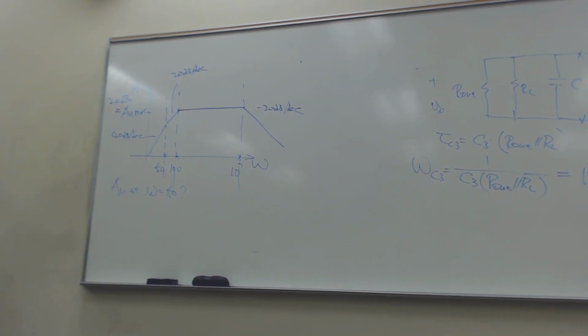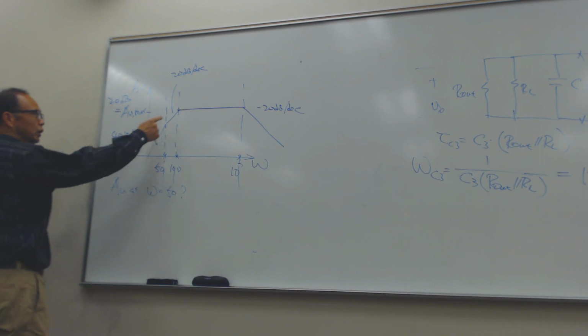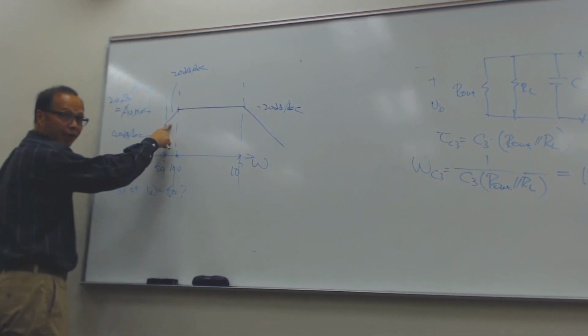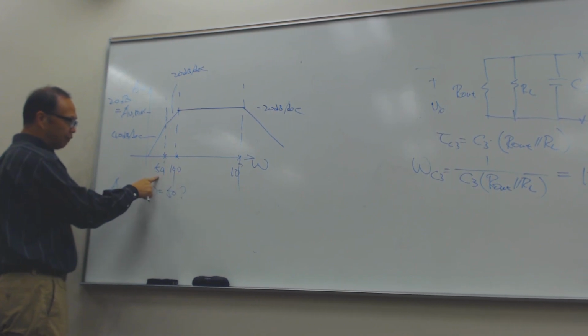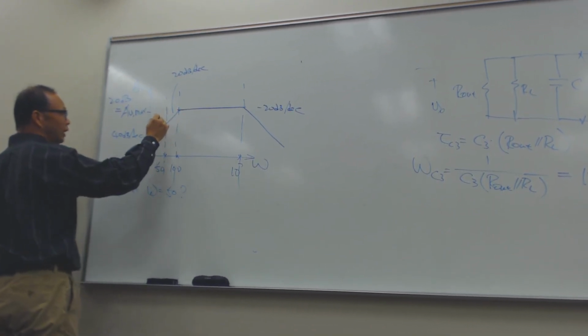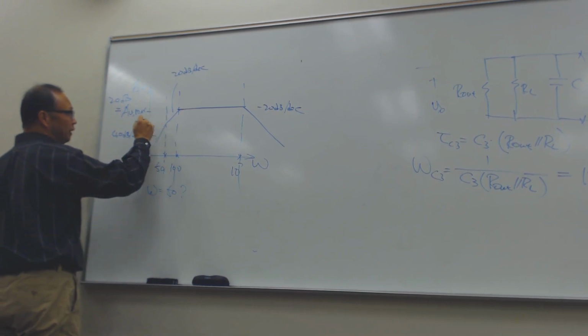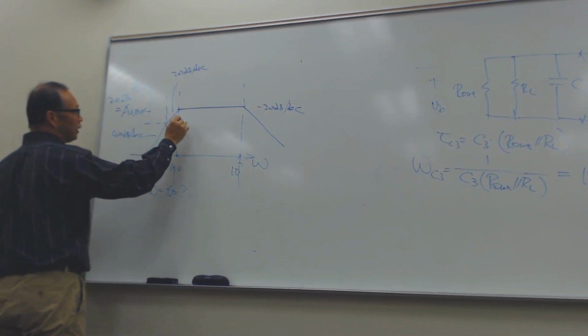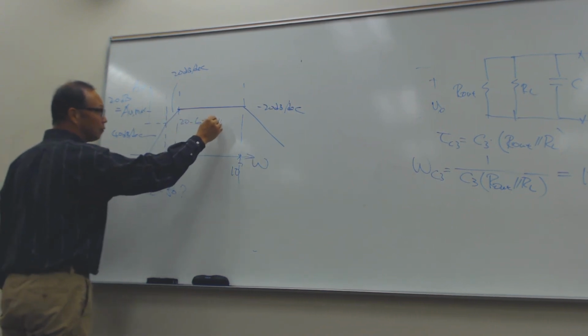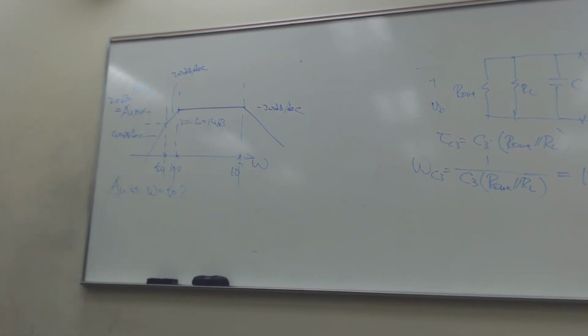Good. Yes, because it dropped by an octave, right? 100 to 50, a factor of 2. So therefore, this is 20, so that must be 20 minus 6, right? Okay, so it's 14 dB.